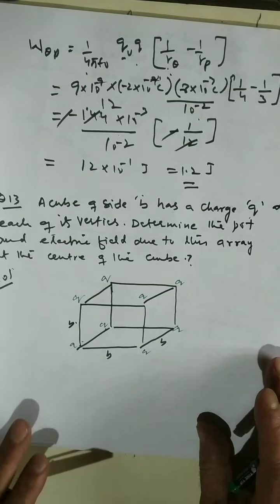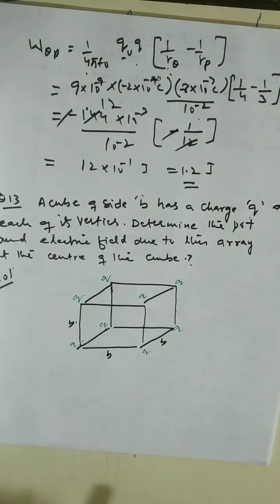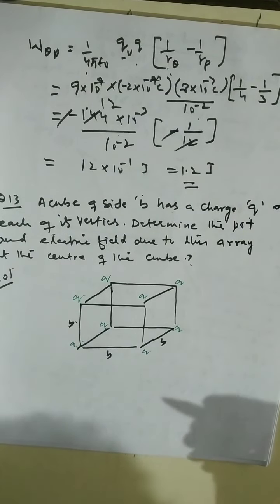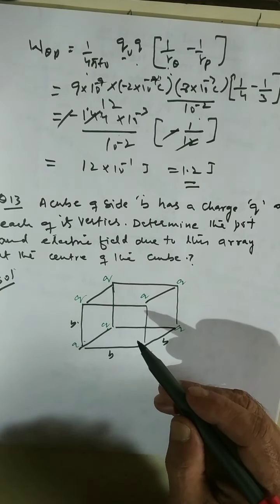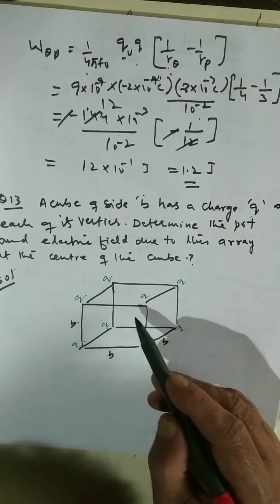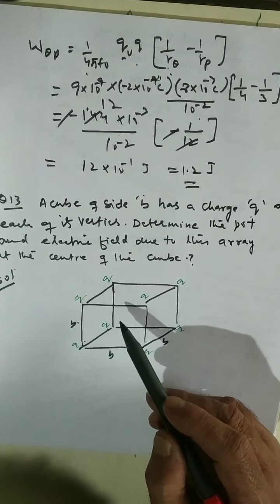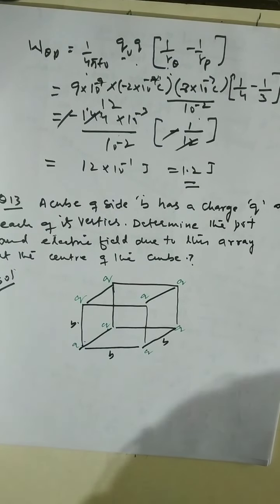Now these charges produce electric field, and we want to find at the center. The center of this cube will be at a point where the diagonals of these intersect. Diagonals of the cube intersect. Now we have to find the length. In order to find the center, we have to find the diagonal of the cube.